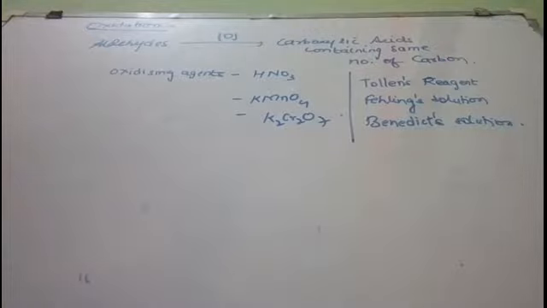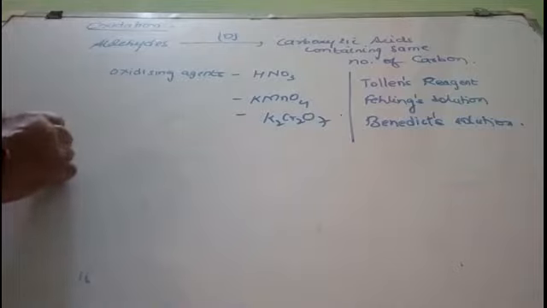So any of these oxidizing agents can be used in the case of aldehydes, and the aldehydes will be oxidized to the corresponding carboxylic acid containing the same number of carbons. They are more reactive than ketones, so they can be oxidized by mild oxidizing agents also.